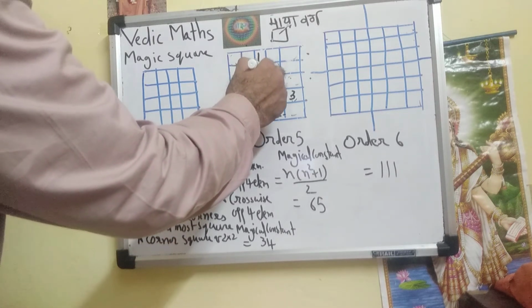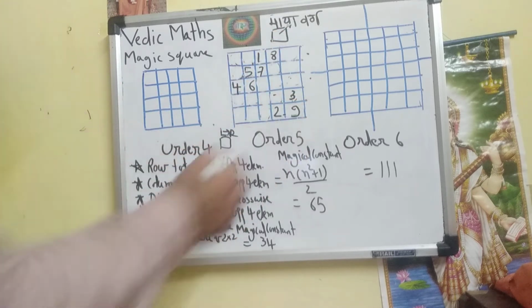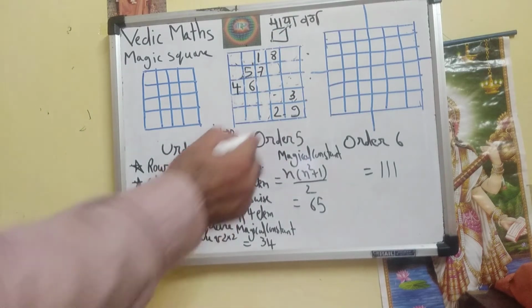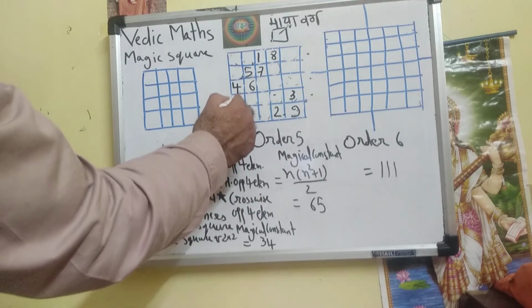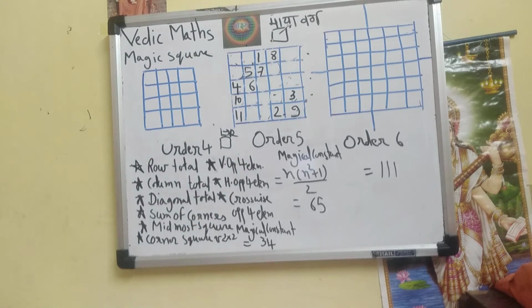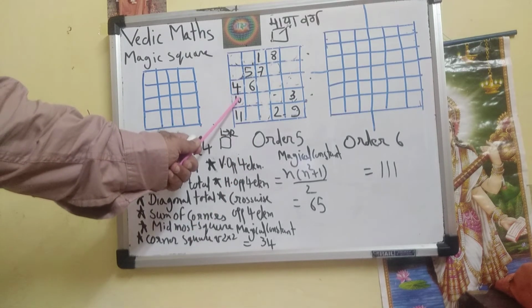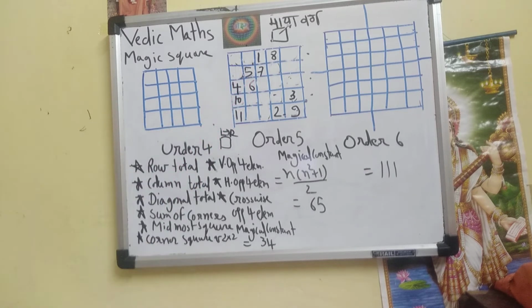Upright 7, then 8. No cell is there, so come to the last cell, 9. Again upright, no cell is there, so come to the last cell, 10. Then 11, because after 10, if we move up then right, there is an already filled cell.